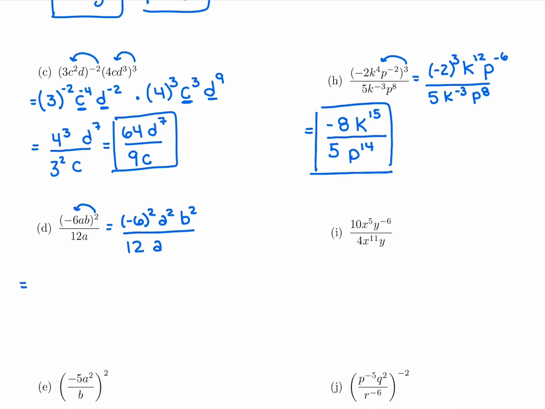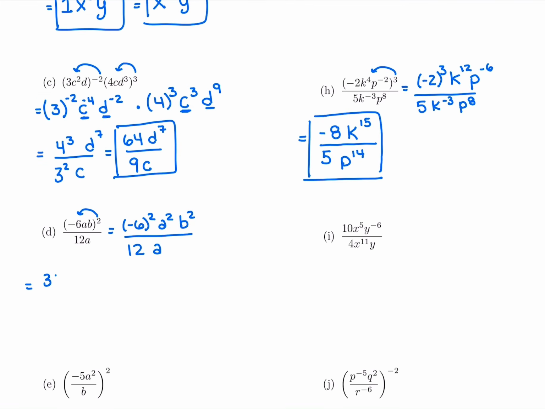So I'm going to do negative 6 squared is 36. And I have that over 12, so I can reduce that. I have a to the 2 divided by a, so 2 minus 1 is going to leave me a to the 1. And then we have b squared is going to stay in the top. Now the only thing to do here, 36 divided by 12, can reduce to just be 3ab squared.